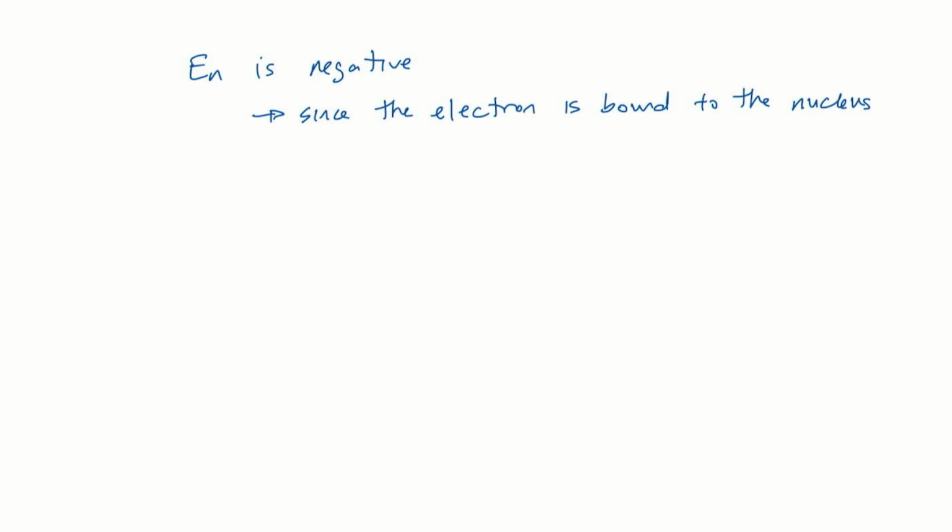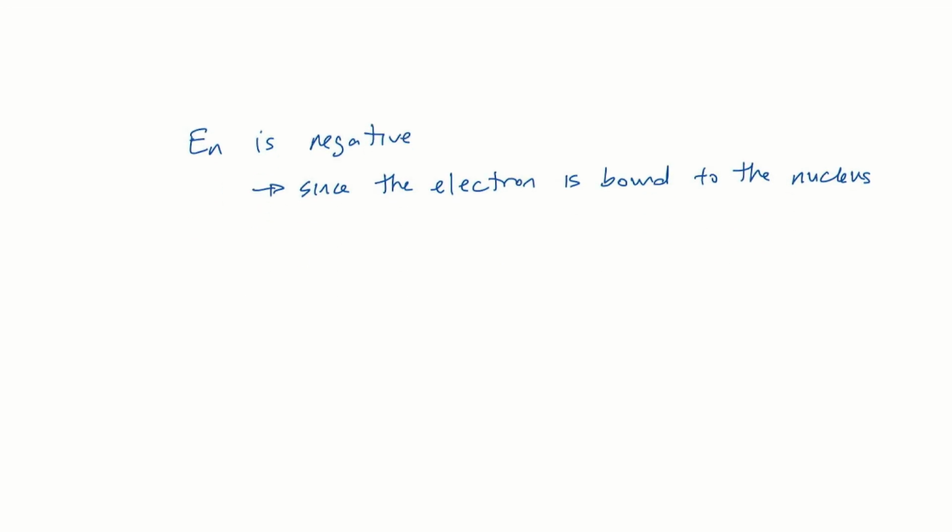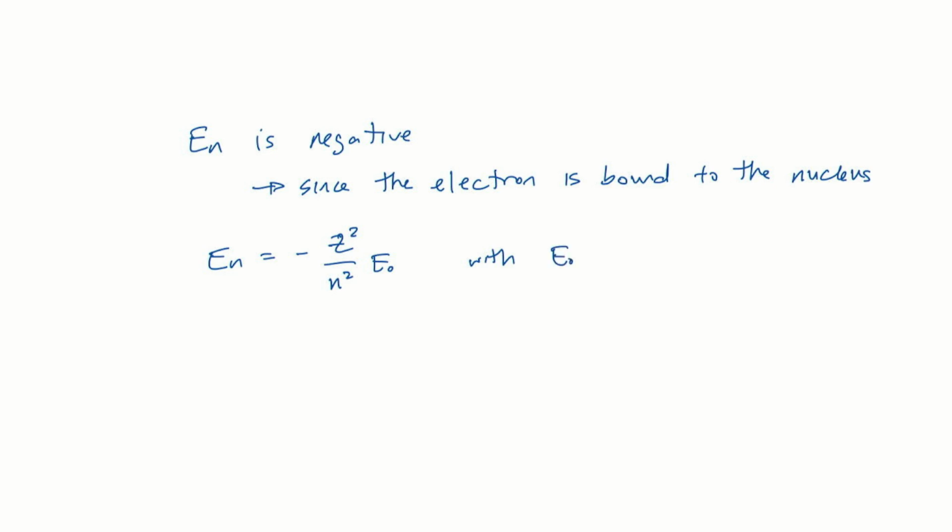Okay. And so now, let me just write it again now. E sub n is minus z squared over n squared times E naught. E naught is the 13.6 electron volts.